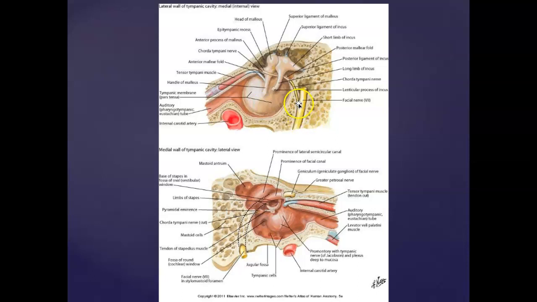Now also on this picture here, you can see the facial nerve coming down here, but here's the chorda tympani nerve. And you can see how that branch off of the facial nerve winds itself through that middle ear cavity, and then exits the petrous portion of the temporal bone here, but that facial nerve continues. Here you can see it looking from the outside in.